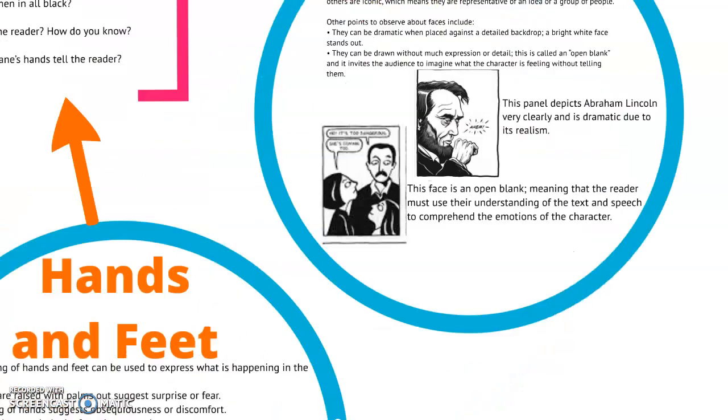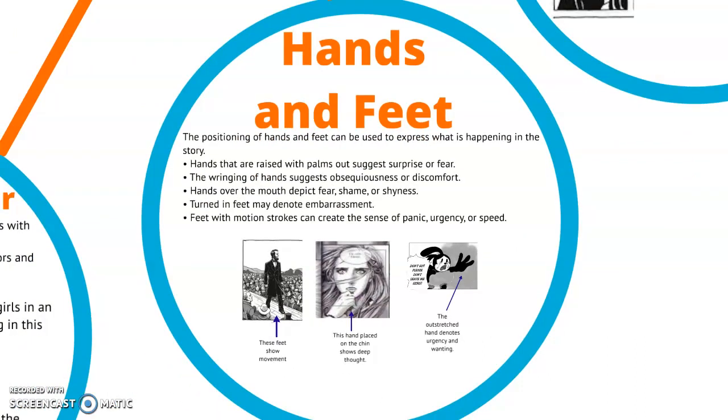Okay? And hands and feet, very important if you can believe it. The positioning of hands and feet can be used to express what is happening in the story. Hands that are raised with palms out suggest surprise or fear. I think we saw a panel before with the two women hovering over the young lady, and she had her hands up in fear.